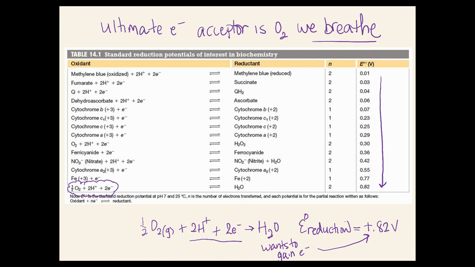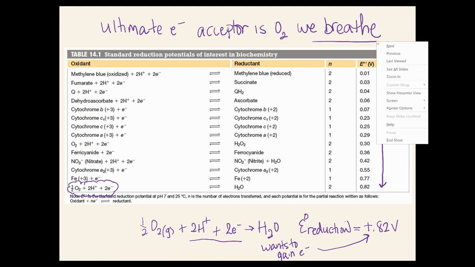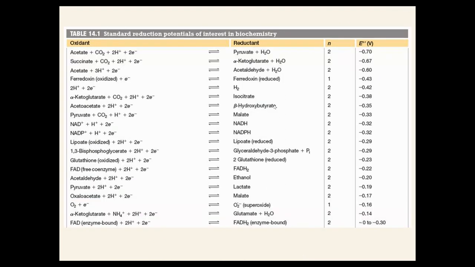And if you notice, let me click back to the previous slide. As we begin our process, we're going to start looking at NADH coming in, FADH2 coming into the process. These guys will be coming from glycolysis and Krebs cycle, and they're going to enter into this process.